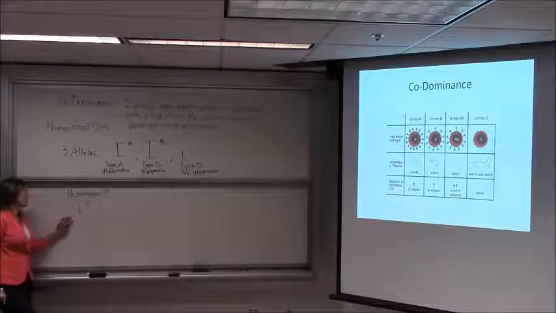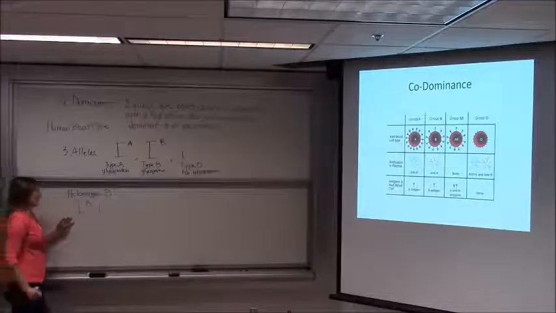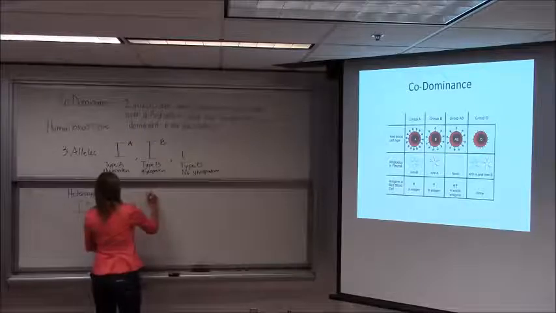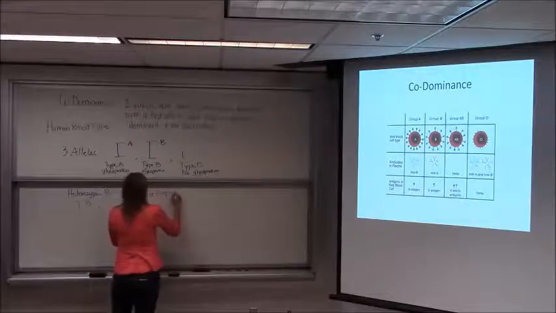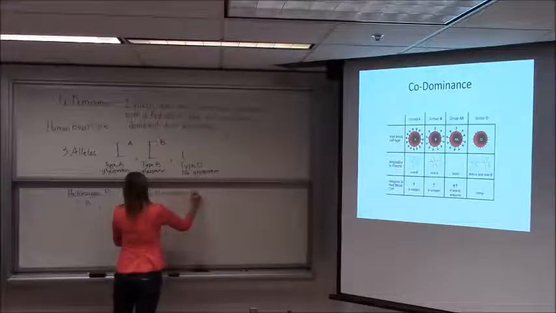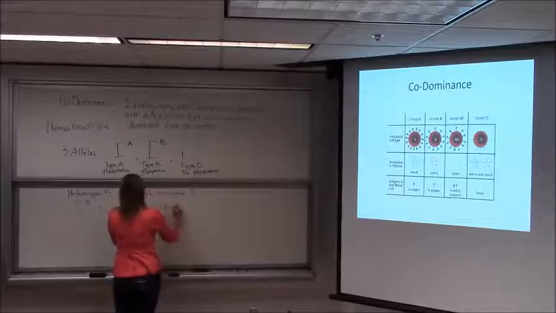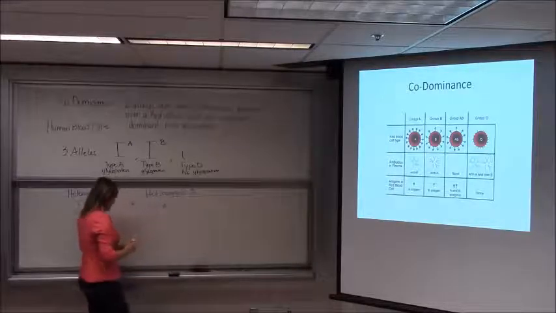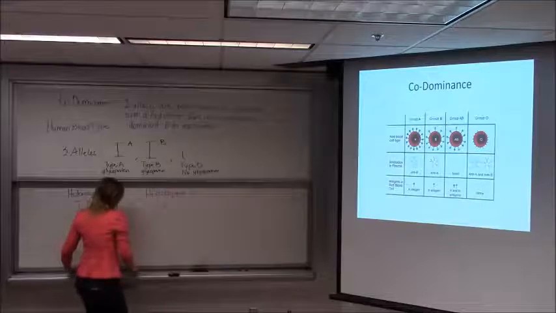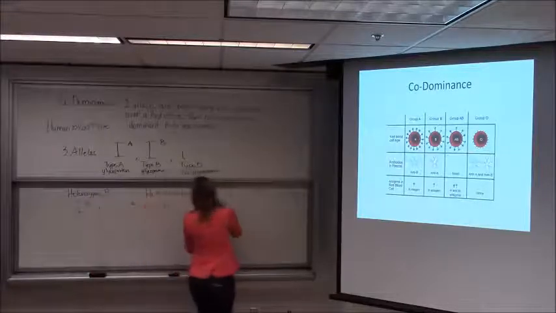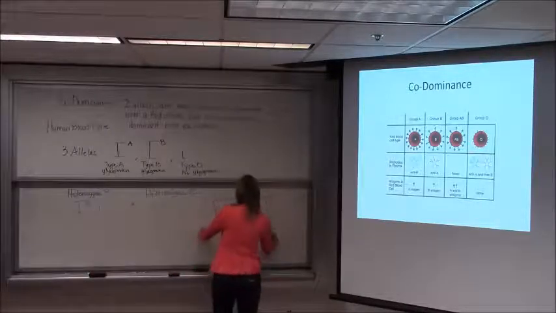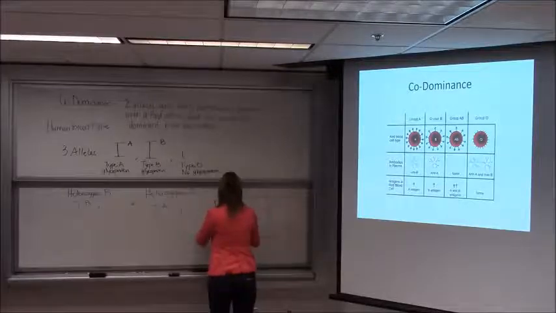So heterozygous type B times heterozygous A. So same situation, one type A allele and one type O allele. Draw our square. Doesn't matter which parent goes where.